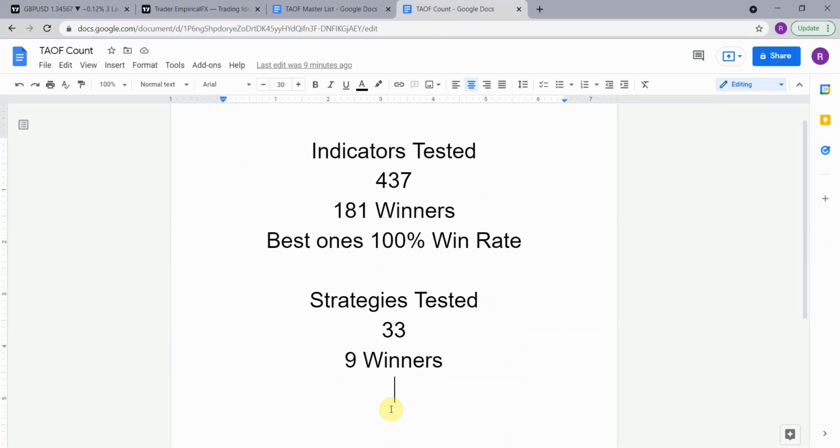We have also tested a total of 437 indicators, with 181 of them being winners. The best ones so far were able to achieve a 100% win rate. Now you need to go back and watch those videos to understand the context of how they were able to achieve that. So go back and watch those videos and see what you can get out of those winning indicators.